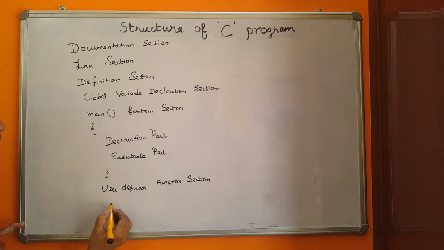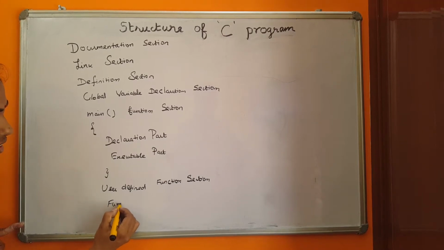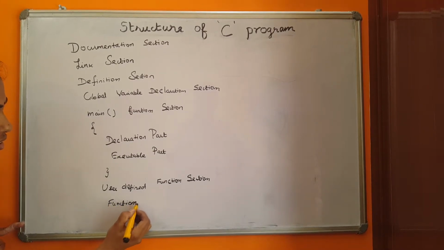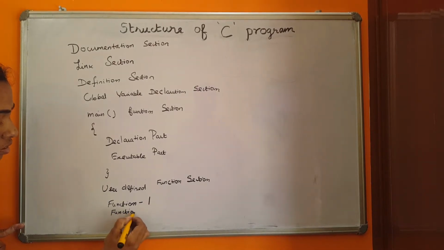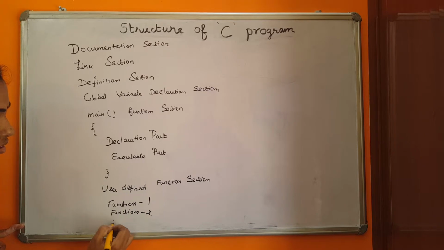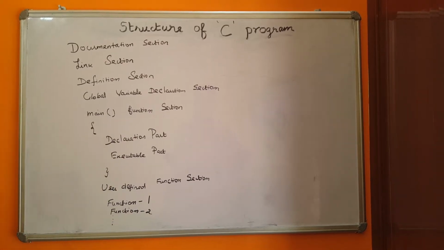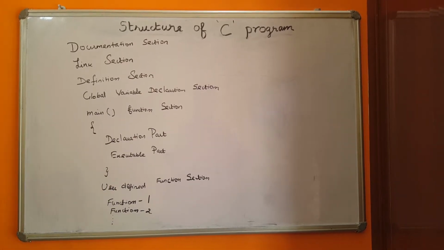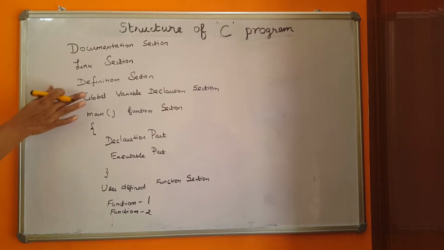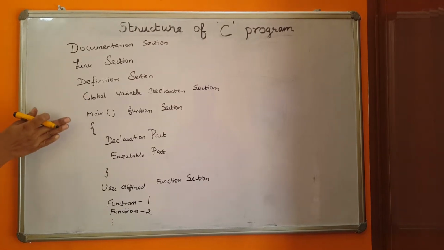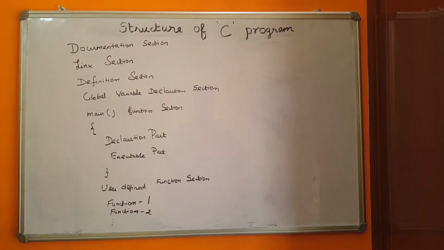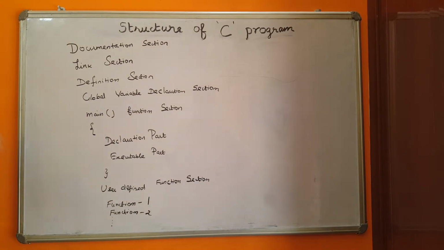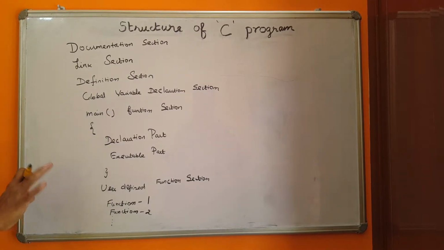It contains all user defined functions. So C language has the following sections: the documentation section, link section, definition section, global variable declaration section, main function, and user defined function section. All these sections are optional except main function.